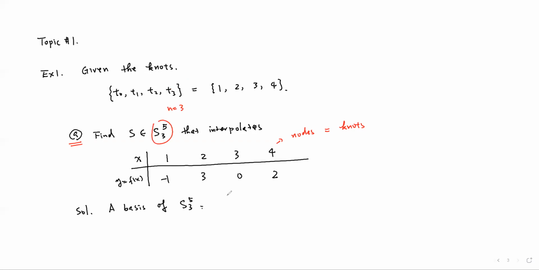It is 1, x, x squared, x cubed, x4, x5, and then (x minus t1) to the power 5, truncated power function, where t1 is 2.